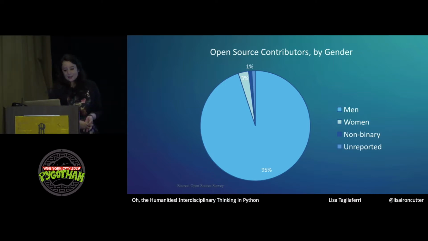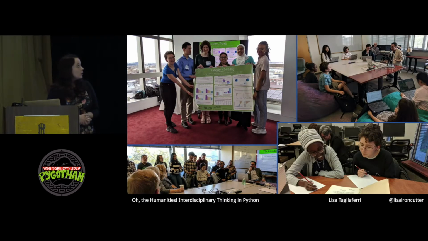It doesn't look great. But I would like to suggest that expanding the fields that are in conversation with technology and with Python can help to bring more people into this space. So this is what our digital humanities lab looked like last year. So far, the lab has proven itself to be a space that drives diversity and also inclusion, and it supports thinking across fields.